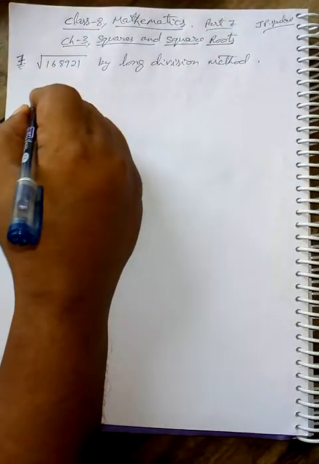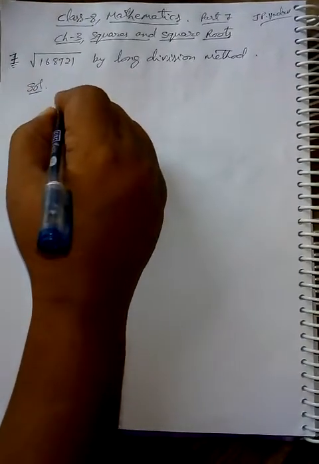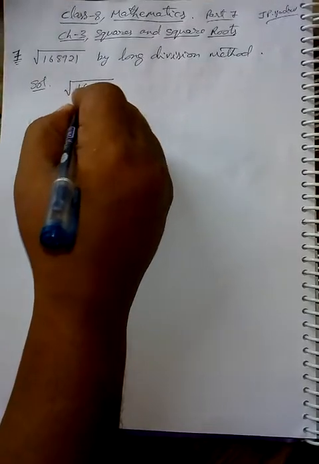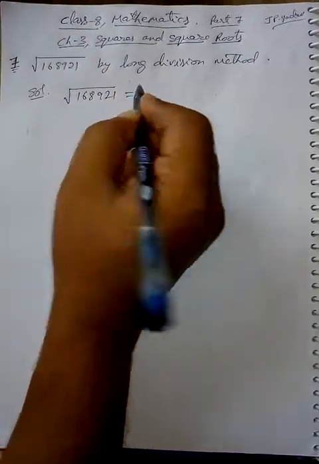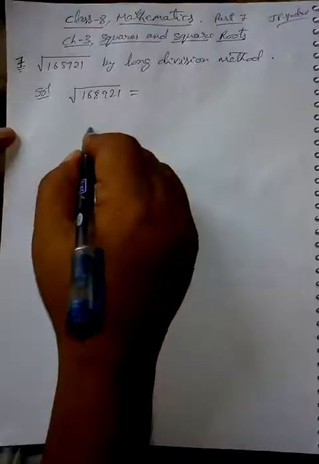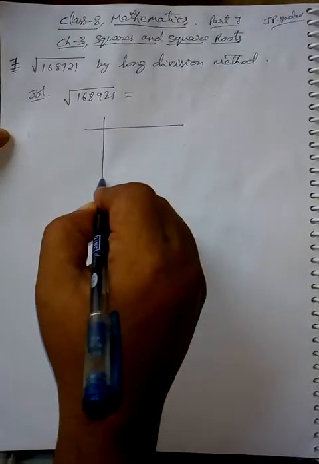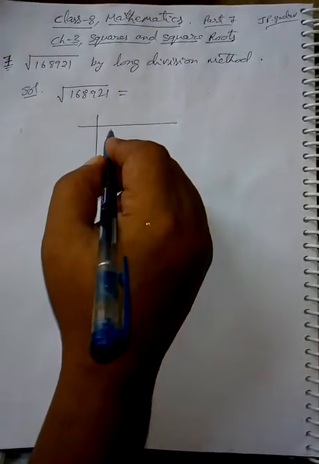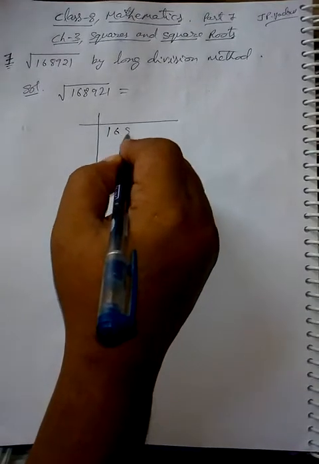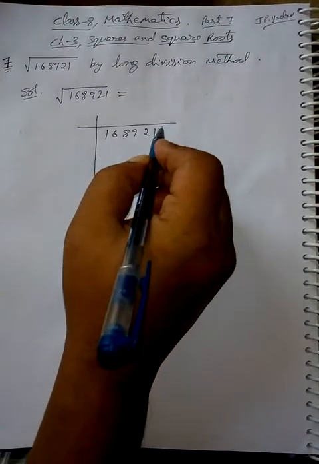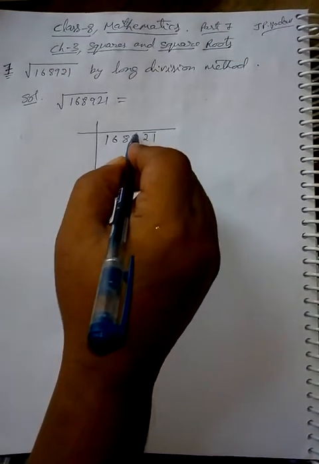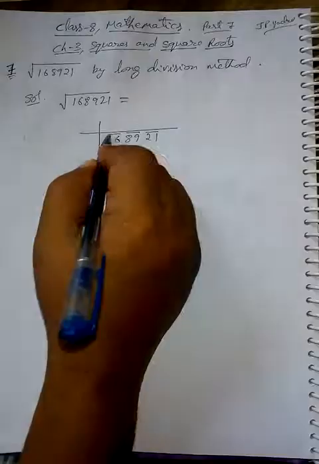So what we do, we first write square root of 168921, put the equals sign here, and now put a format like this, a T shape format. Here you write 168921, and make pairs from the ones digit, like this.